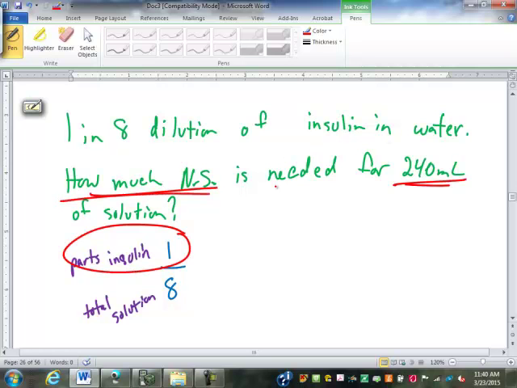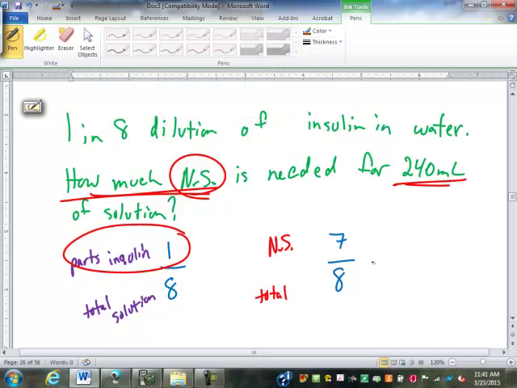We know the total solution, the 240 milliliters, but we're not looking for the amount of insulin, we're looking for the amount of water. We could find the amount of insulin and subtract, that would work. Or we could create the ratio of water, or sterile water, to total solution. The total solution is still going to be 8, but if 1 out of those 8 parts is insulin, 8 minus 1, or 7 out of the 8 parts, has to be the sterile water.